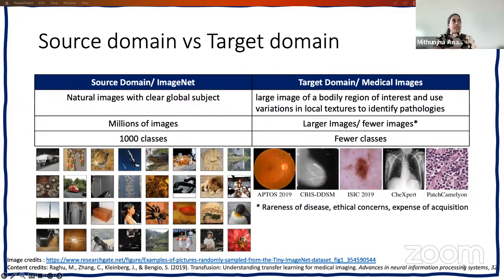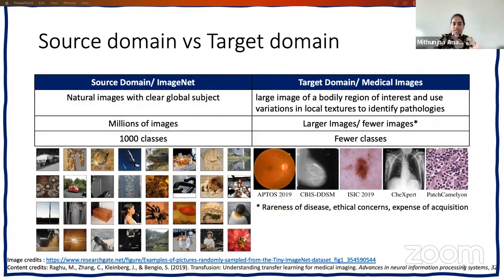But medical images are different, because they are large images of a bodily region, and we use the variation in local texture to identify pathologies. For example, in this X-ray, there is not a global subject, but we use the color difference or the texture difference between regions to do the classification or detection. So there is a clear distinction between source and target domain.